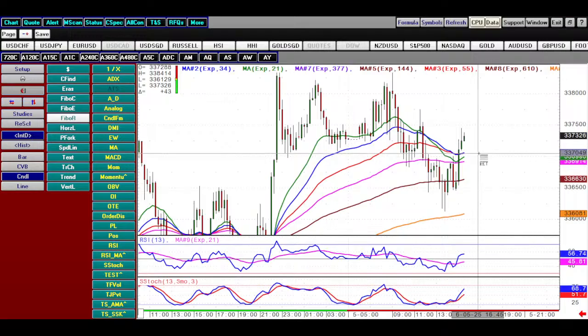Third is moving average crossover. Fourth is RSI. Where is the RSI and what is the RSI telling us, whether it should be going up or going down. Then finally, fifth is the price action, or price patterns, whichever you want to call it.